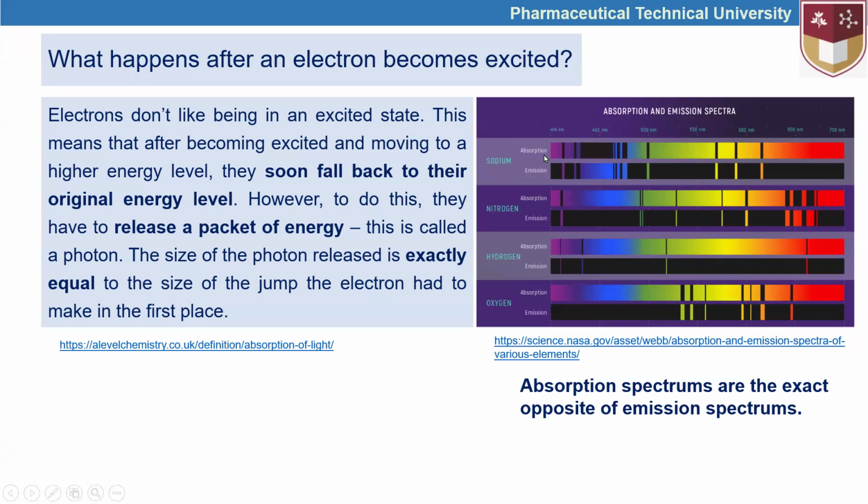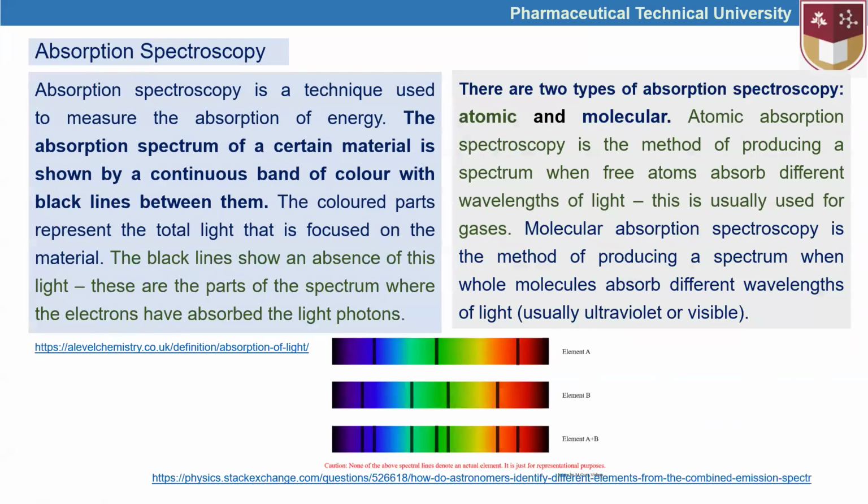In the absorption spectrum, the bands belong to the absorption. In the emission spectrum, the bands belong to the emission of light from those electrons, resulting from excited electrons releasing energy while they go back to their ground state.